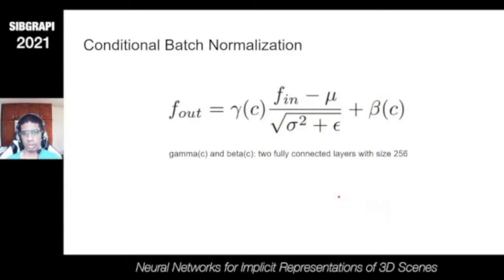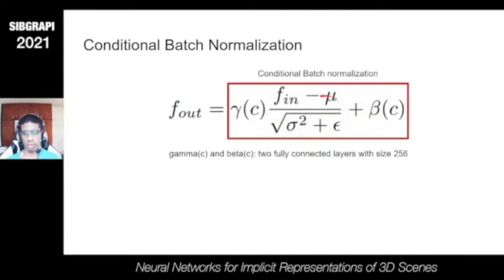The computation is also simple. We have our input, and we just make the usual batch normalization. So we just center based on the mean, and scale based on the standard deviation.